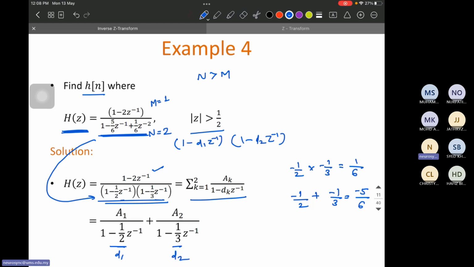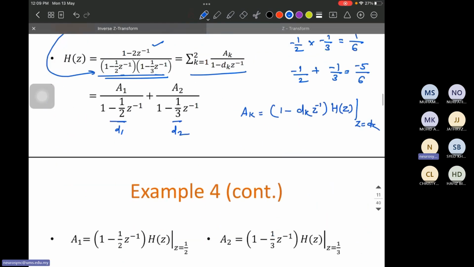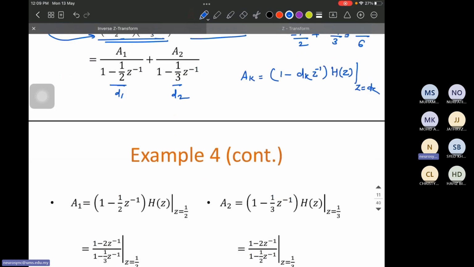Now, what is the formula for A_k? A_k is equal to 1 minus d_k z to the power minus 1 into H of z at z equal to d_k. Okay. So like this, we will find A1 and A2.